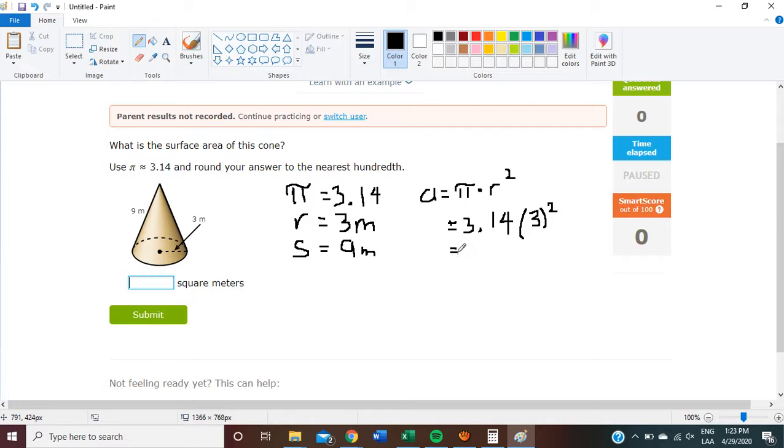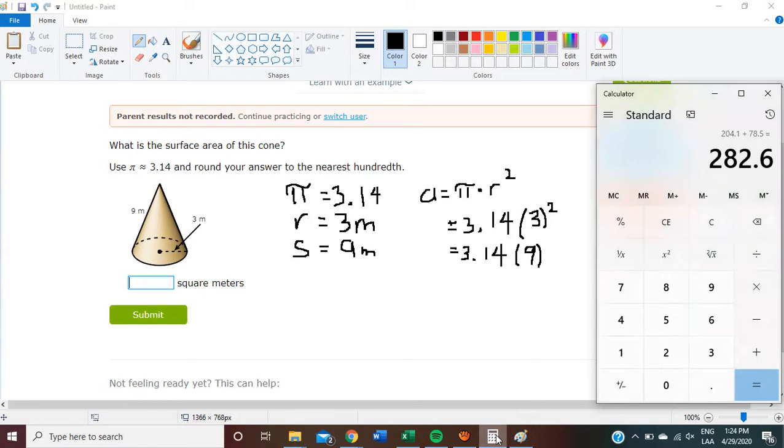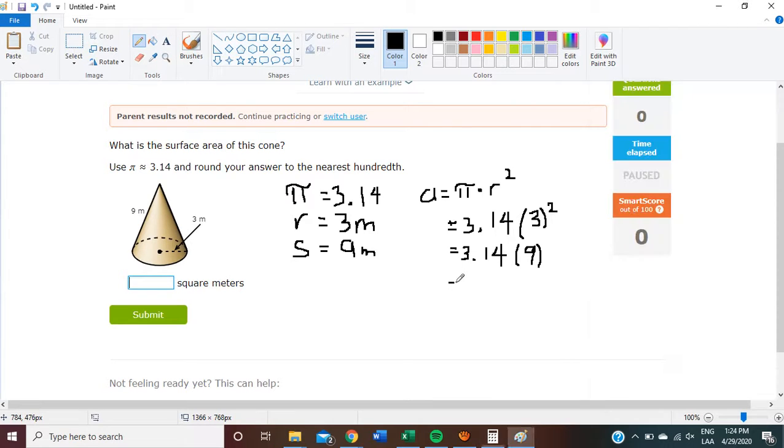So the radius elevated to the power of 2 equals 9. So 3.14 times 9. All right, so we can use a calculator now. 3.14 times 9, and we get the result 28.26.